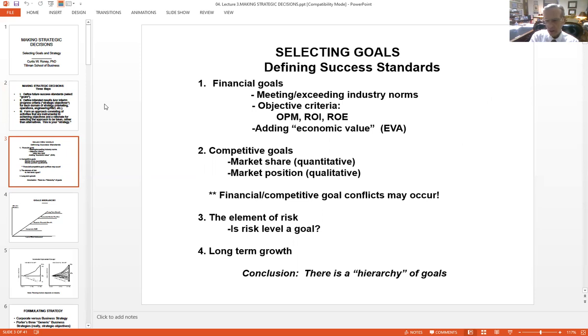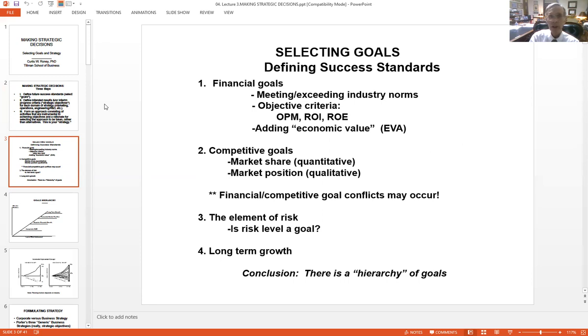Here's that original exhibit that we looked at in the past, and now we can appreciate it a little better. There are really 4 types of goals: financial goals, which may involve simply outperforming rivals, with regard to operating profit margin, return on investment, return on equity, and so forth.